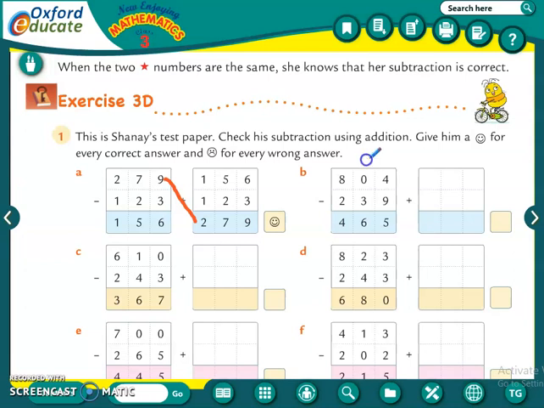Here we will write 9, because from 0 we can't borrow anything, and here we will write 7. Okay, and here what will we write? Here we will write 14.